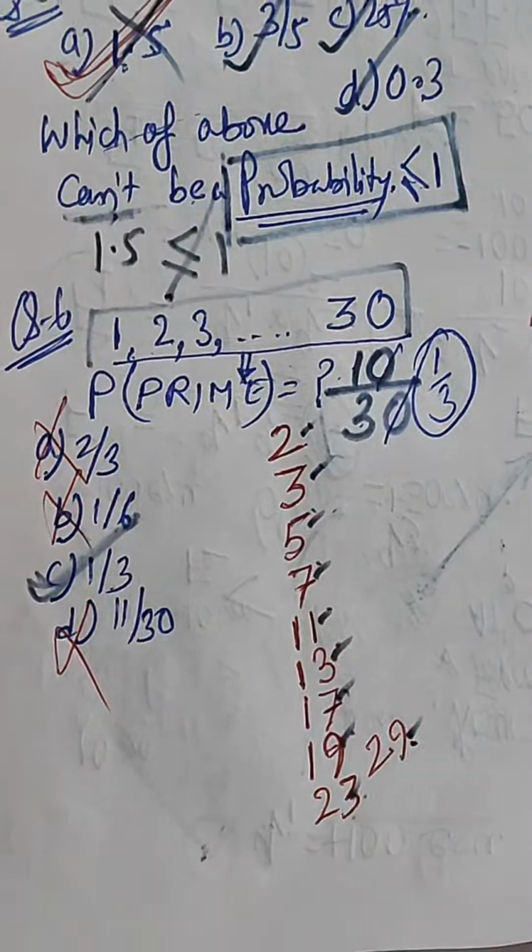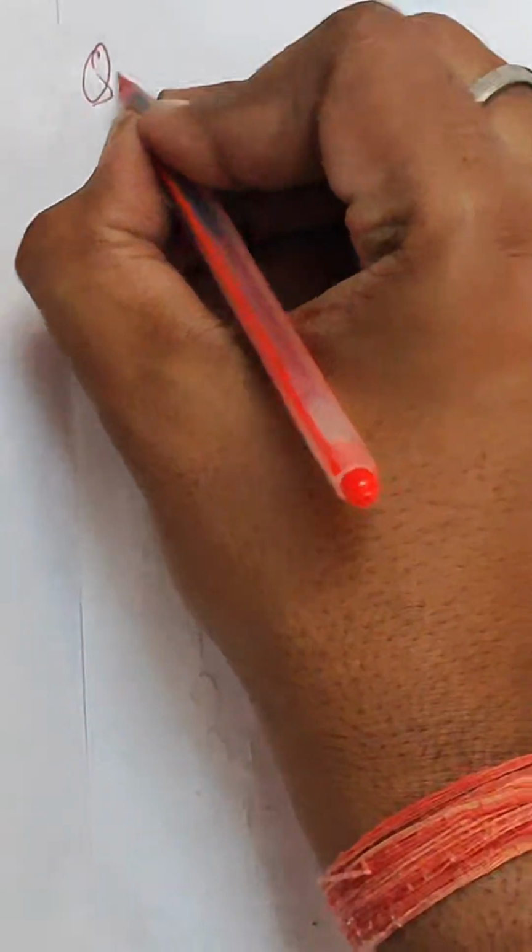Now quickly coming to question number 7 of today's series. Let me show you. In question number 7 of today's MCQ series, we'll take another question of probability.